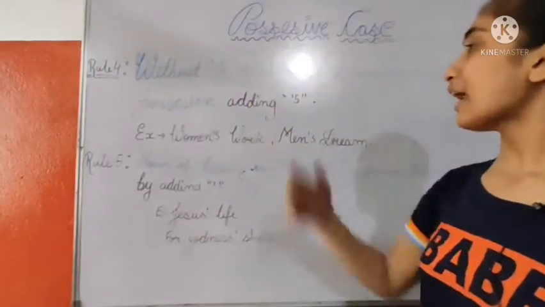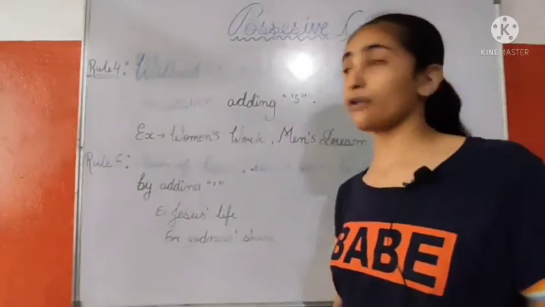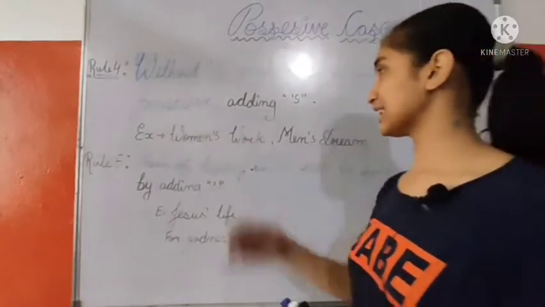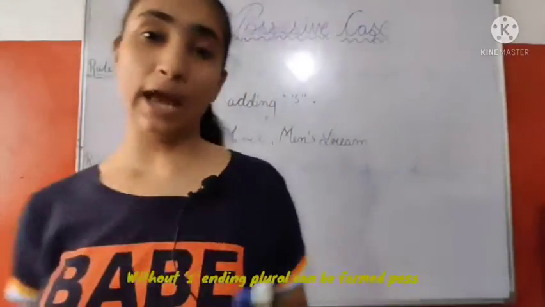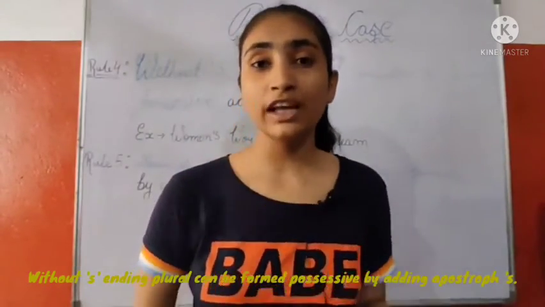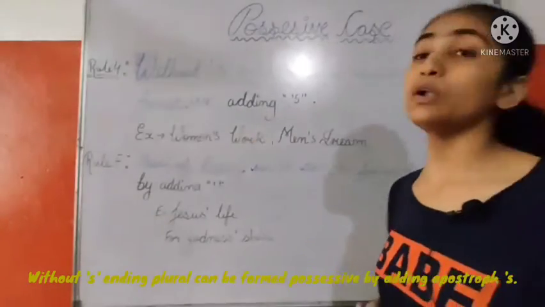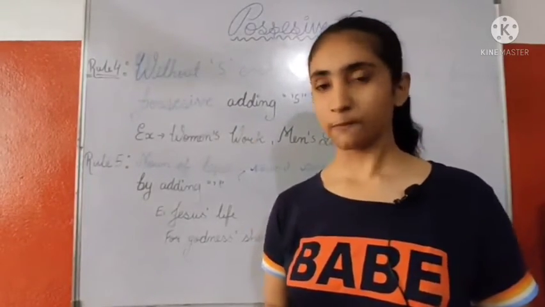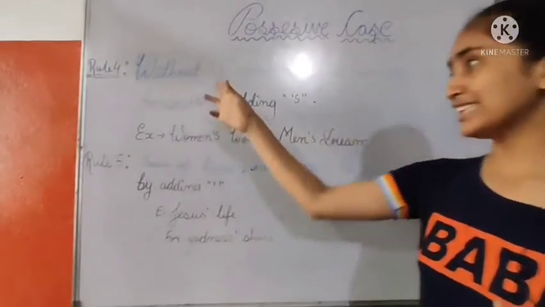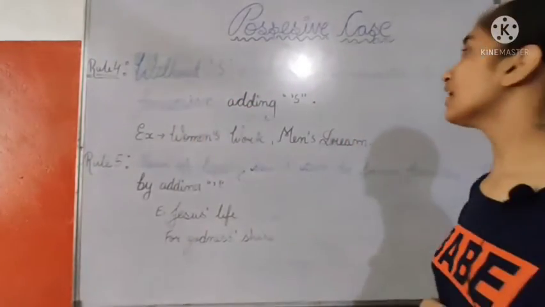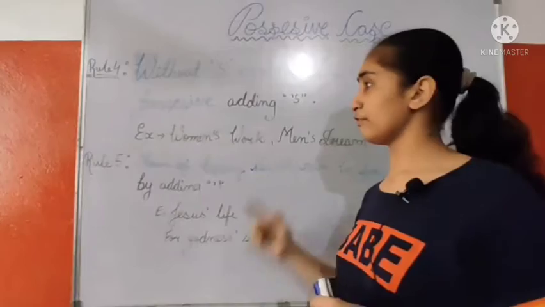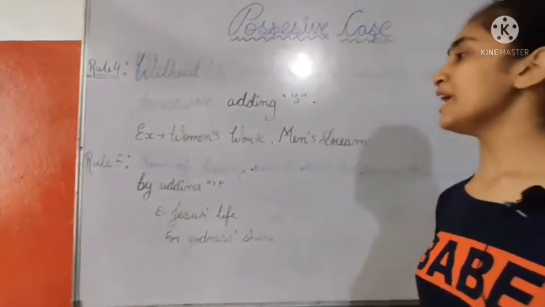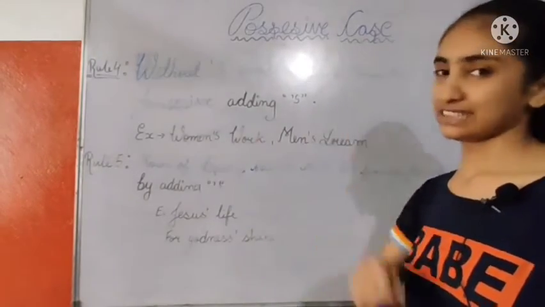So, a plural noun without s ending can be made possessive by simply adding apostrophe s. And what we learned in rule number 3, that s ending plural noun can be made possessive by simply adding apostrophe. And over here you can see clearly that a plural noun without s ending can be made possessive by simply adding apostrophe s.